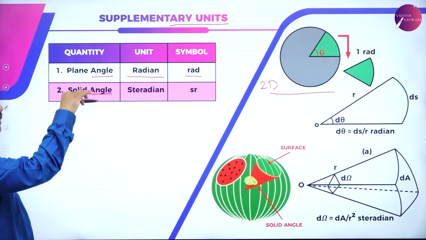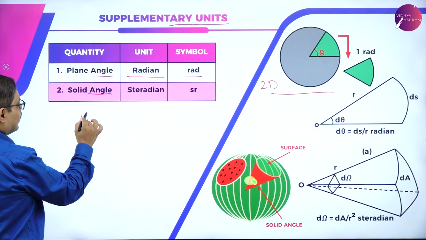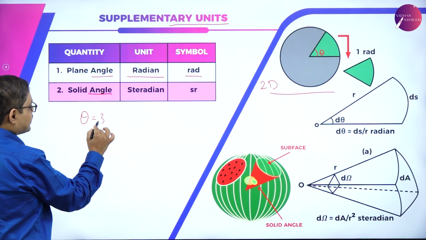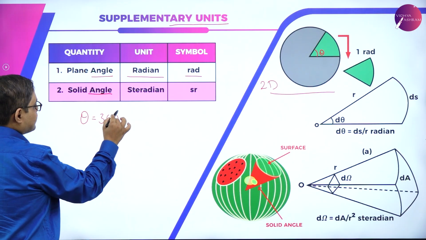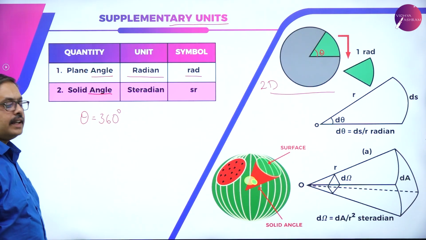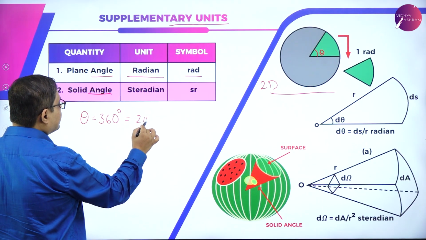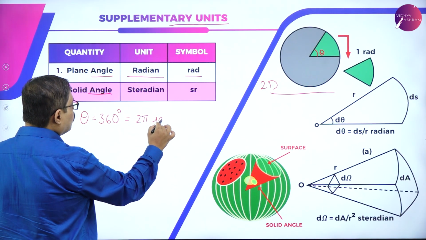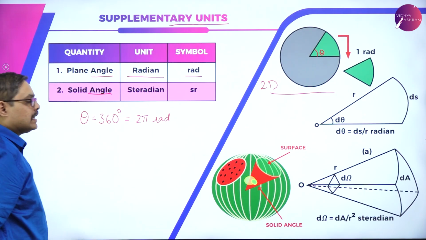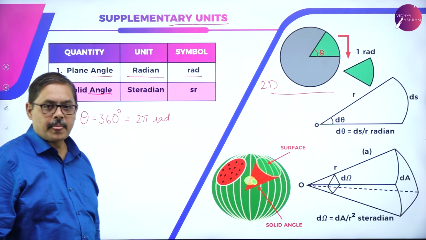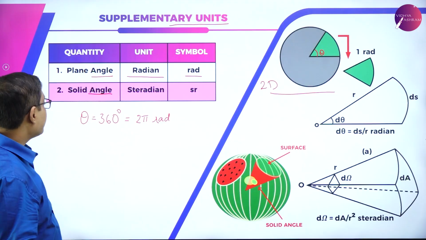For the maximum angle inside a circle, theta will be 360 degrees. Yes, you know that. The maximum angle in a circle will be 360 degrees, and that is denoted by 2 pi radians or 2 pi rad. This will be helpful somewhere else. Please, you can make a note of it.